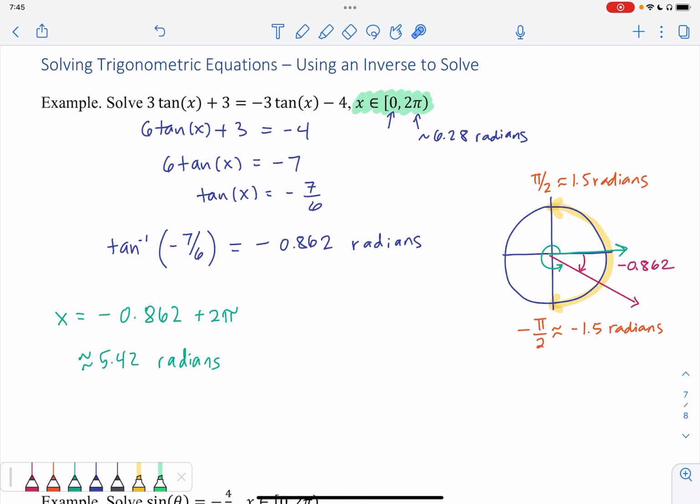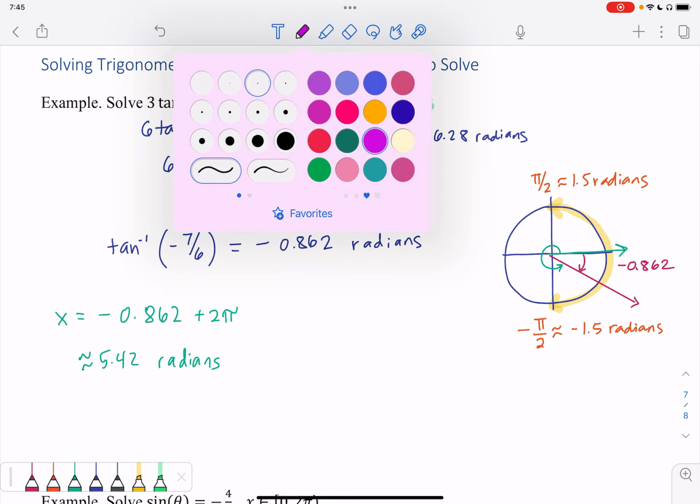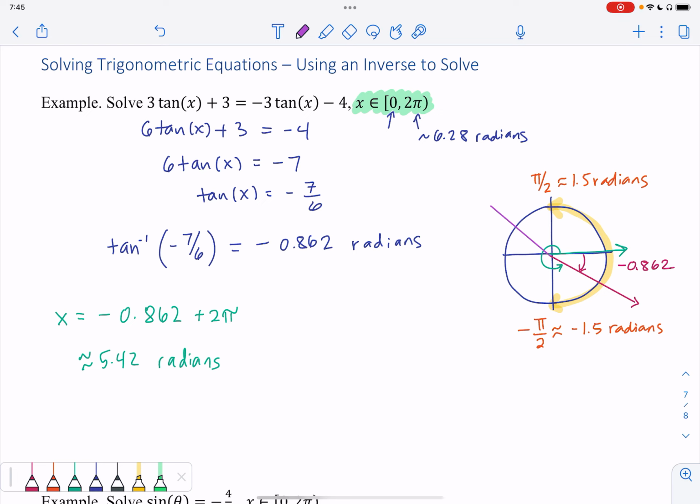So across from the angle negative 0.862, I have to have another angle with an output of negative 7/6 for tangent. So let's draw that. And so that would be this way. Let me use a different color to make it look different. That's going to be directly across from the angle that I just drew.